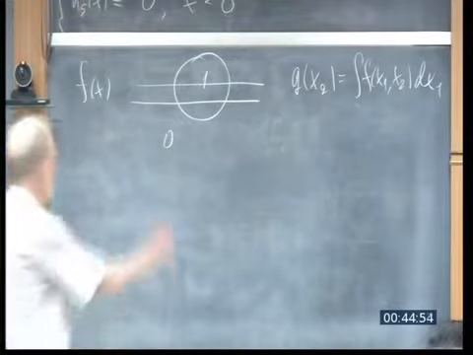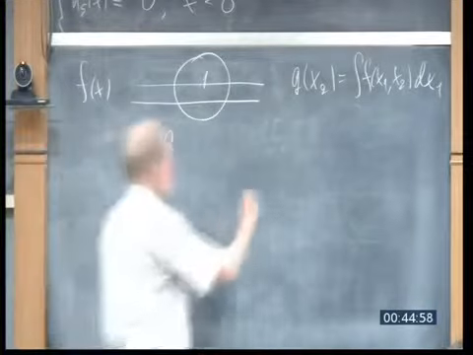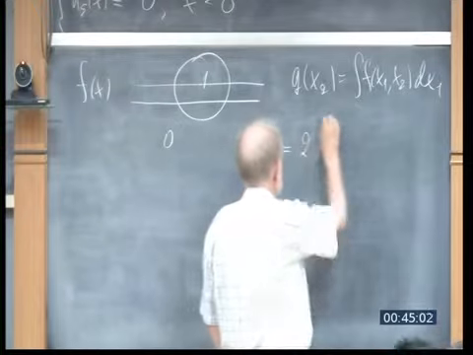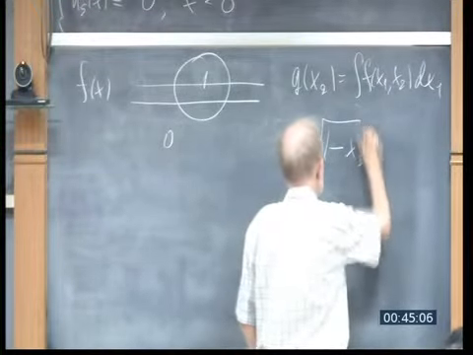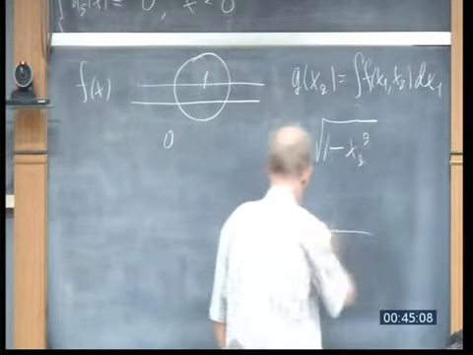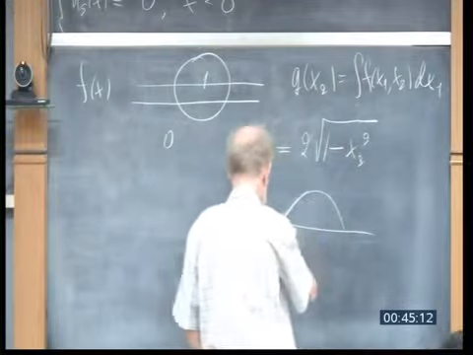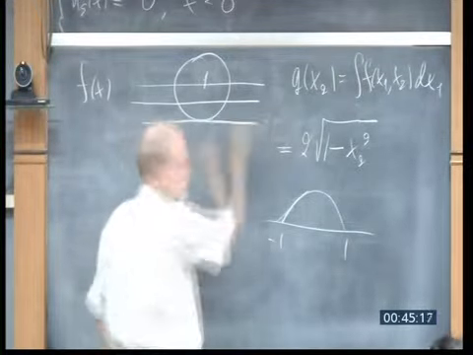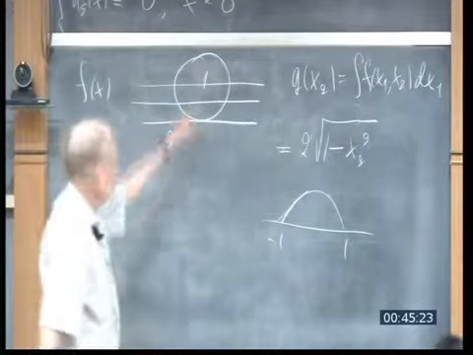So we can actually compute the result, which will be something like the square root of 1 minus x2 squared. So the function is smooth, except at these points where the line which we integrate over meets the boundary.